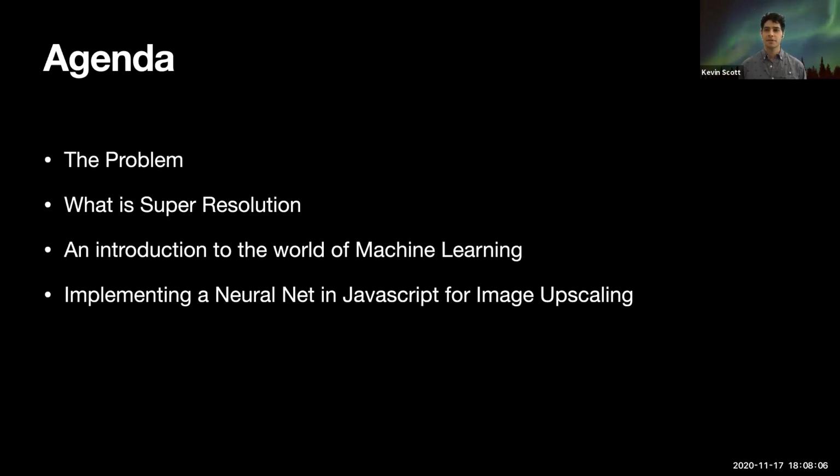And then I'm going to spend some time talking about how you, as a JavaScript developer, would approach the world of machine learning. This part, I may speed through a little bit because it sounds like Costas, you are familiar with this, but we can make it more interactive. And then the final part of the presentation, I will break out some code and talk through how this is actually implemented.